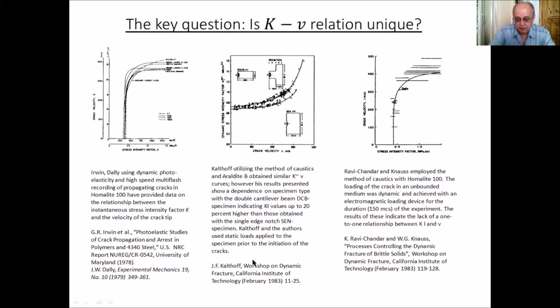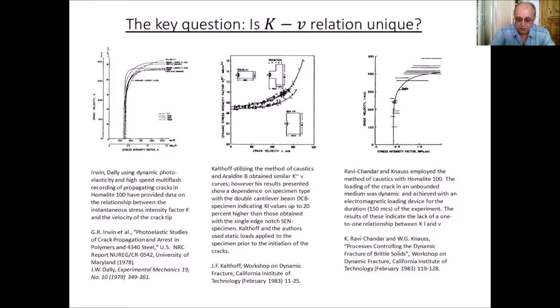Here we have similar KV curves, but we have to note that it is not a unique KV relation, because Kalthoff's results show its dependence on specimen type, in particular on specimen geometry. So it seems that it is not a material relation.